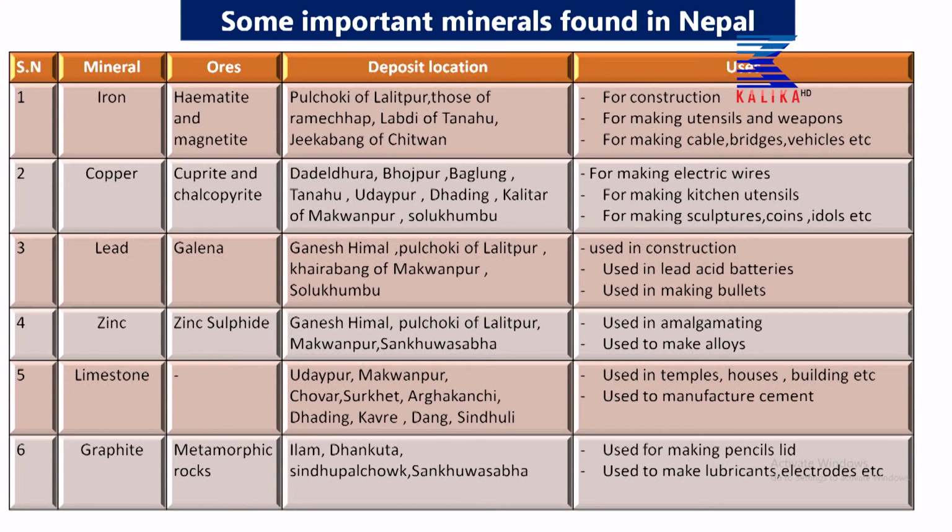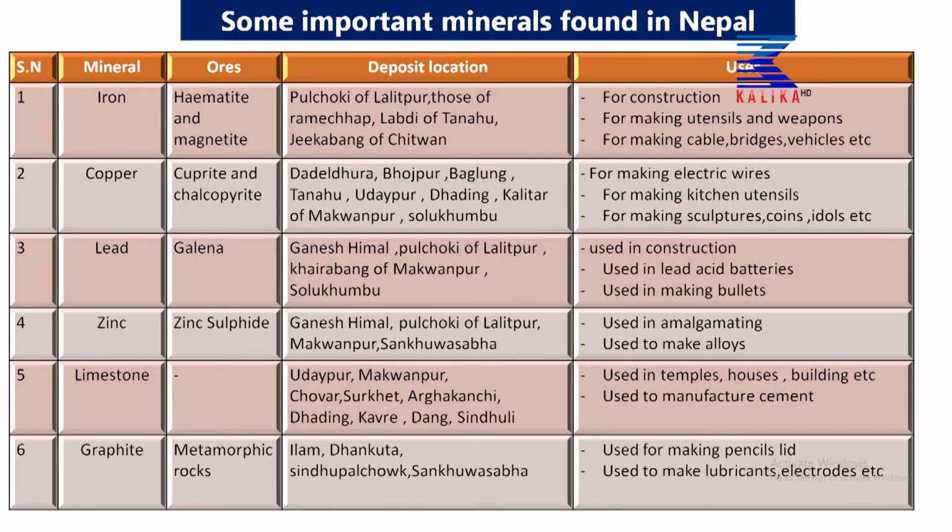The principal ore of copper is cuprite and chalcopyrite. What does principal ore mean? Principal ore means that ore which is primarily used to extract copper.